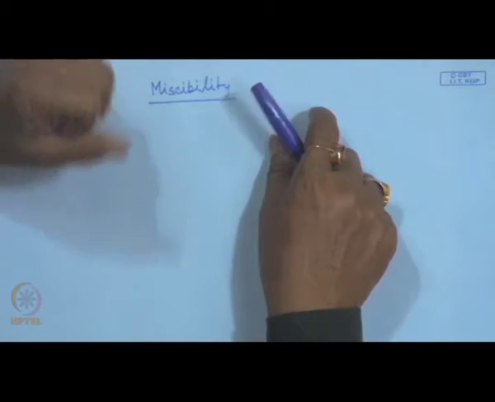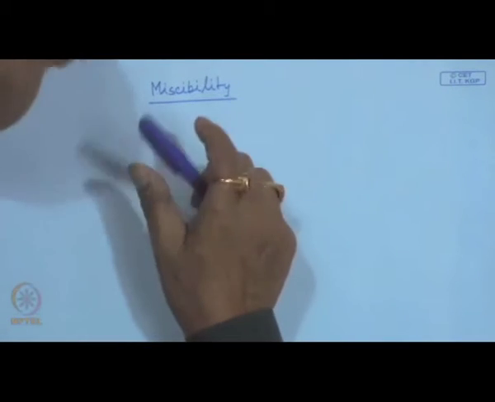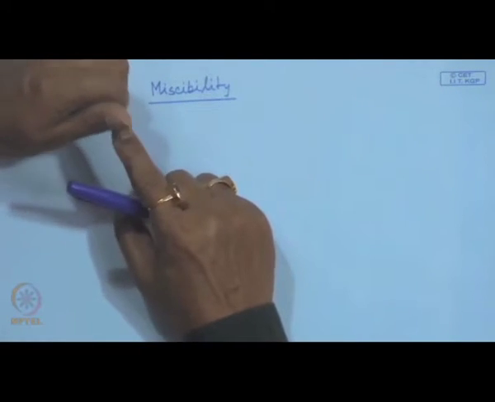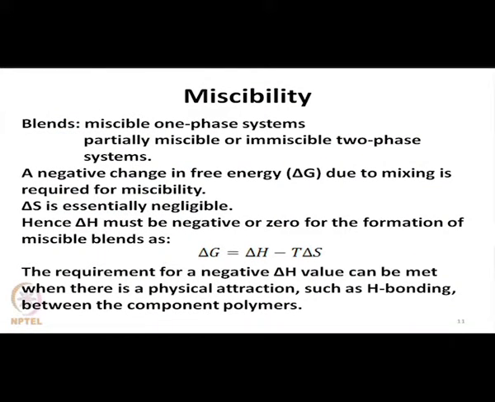Miscible blends can be miscible one phase systems, partially miscible systems, or immiscible two phase systems.